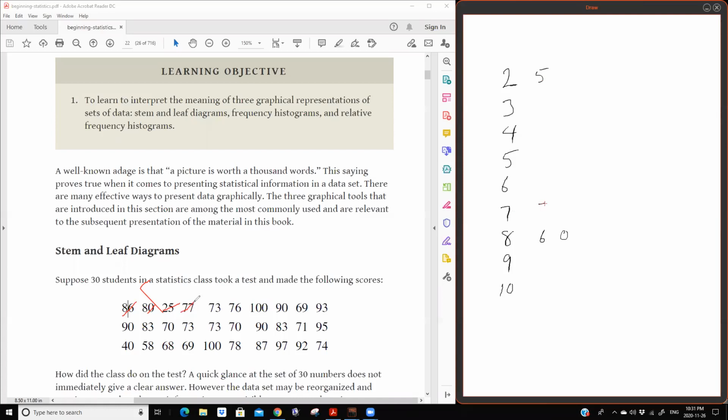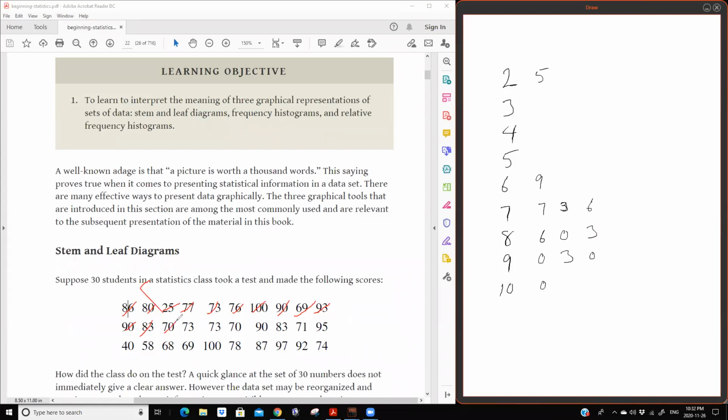So in the 70s, I put a 7. 73, I put a 3. 76, I put a 6. 100, I put a 0 in the hundreds. 90, I put a 0 in the 90s. 69, I put a 9 in the 60s. 93, I put a 3 in the 90s. 90 here. 83, I put a 3.